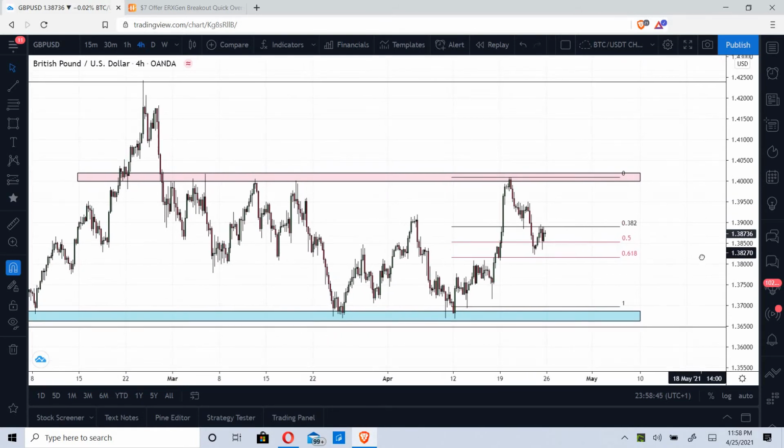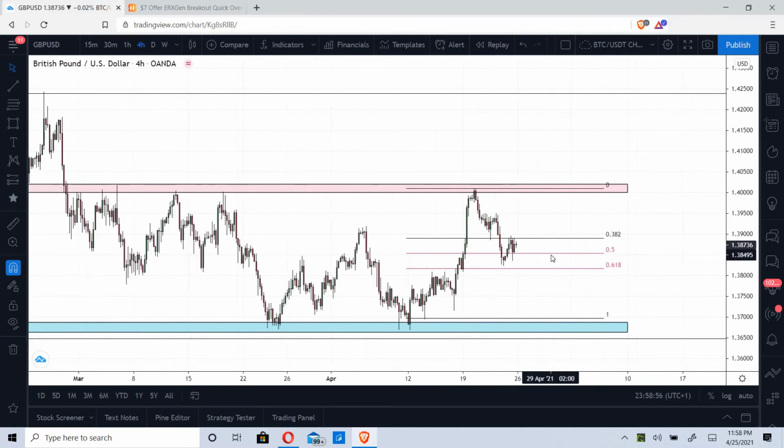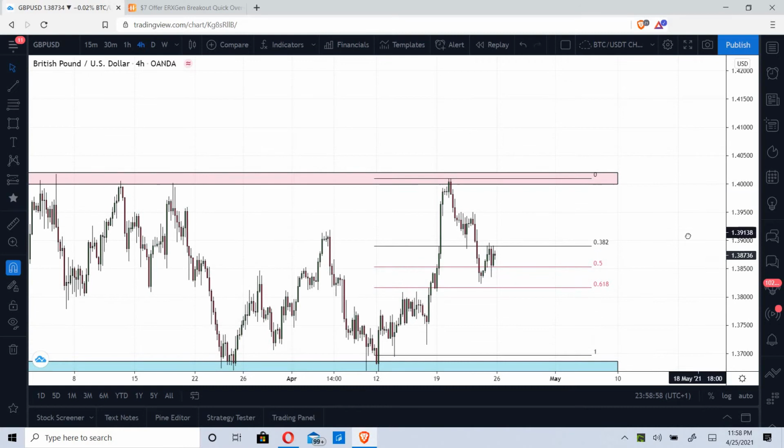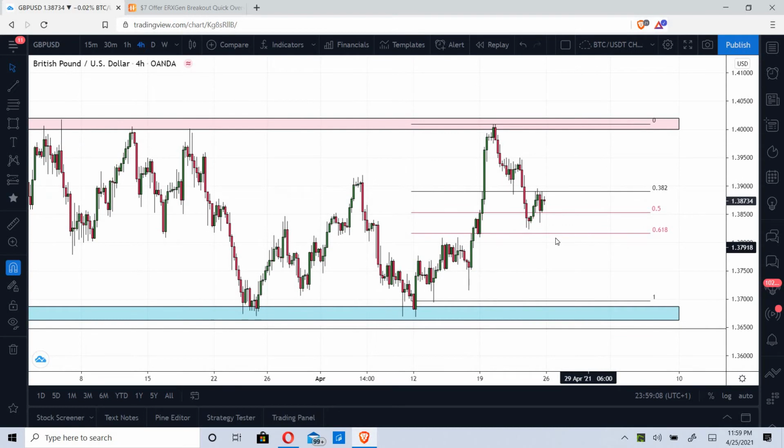So what we can do here is see how we can trade this market to the upside. Taking it from here, we need to see what the candlesticks are doing at this key level of support. Let's see whether we can find some candlestick pattern that will enable us to take this market to the upside.